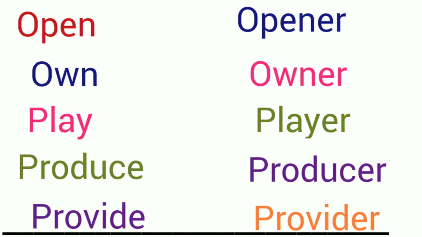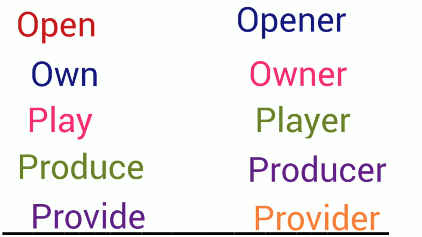Okay, so we have opener. You cannot say this is an open. No, you can only say this is an opener. Okay, and again, you cannot say he is the own land. No, you can only say he is the owner of the land. And again, you cannot say these are play.